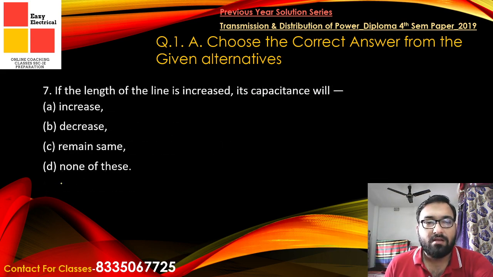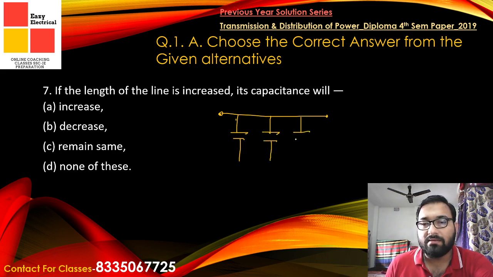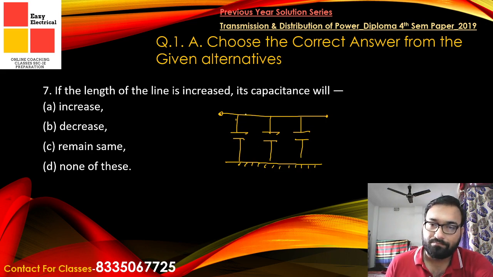Now let's look at the 7th question: if the length of the line is increased, the capacitance will what? So what will happen if the length of the line is increased? We always knew that if this is a line, the capacitances are connected in parallel. We draw it this way because we consider this portion as ground. So the air behaves as a dielectric and this conductor behaves as another plate.